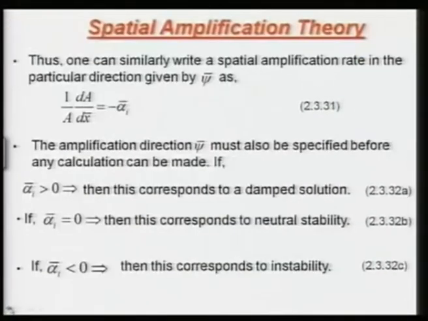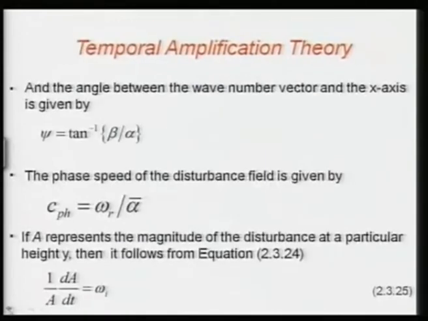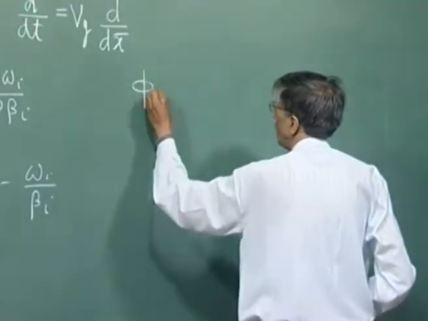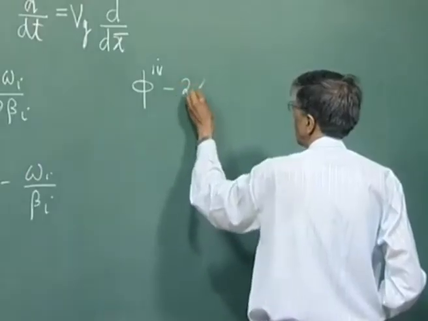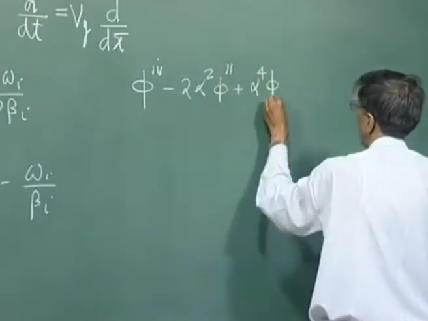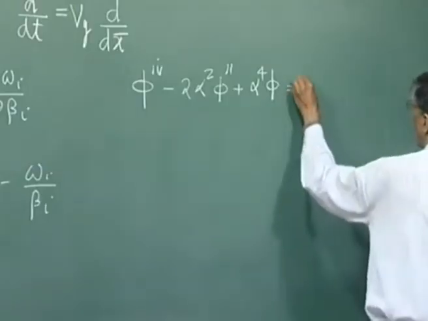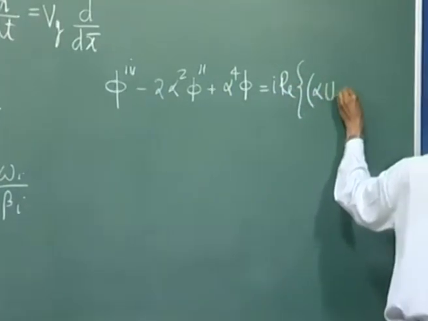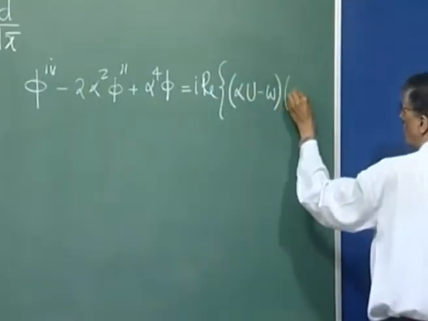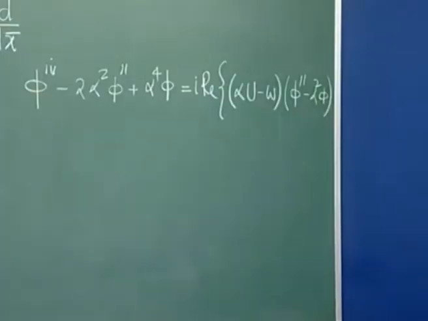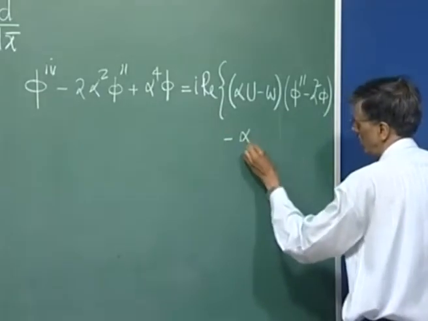We are basically writing down the Orr-Sommerfeld equation, phi 4 minus 2 alpha square... we are writing it for a 2-dimensional disturbance, and what we get is the other term is this.